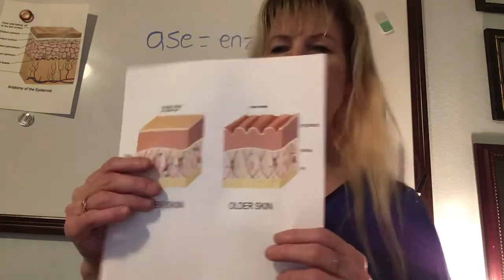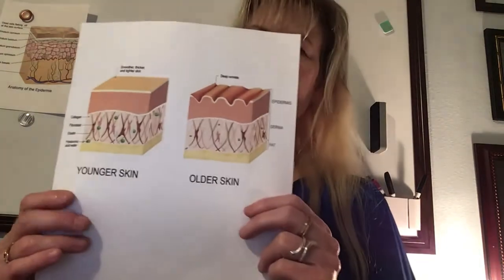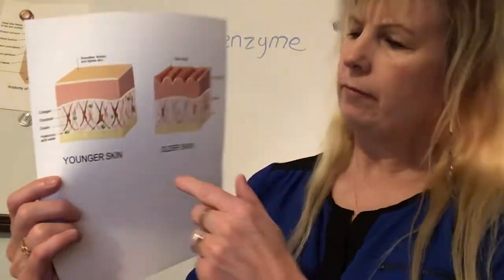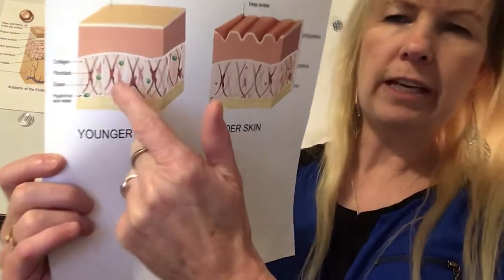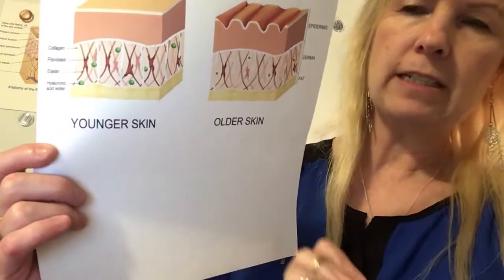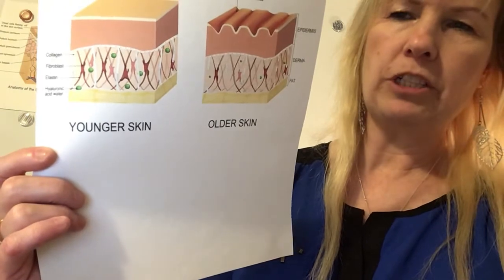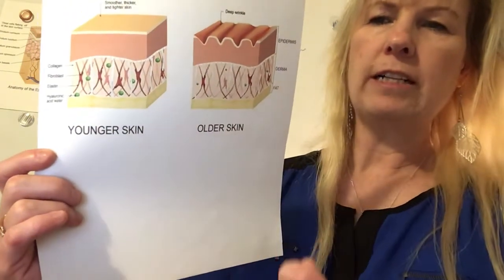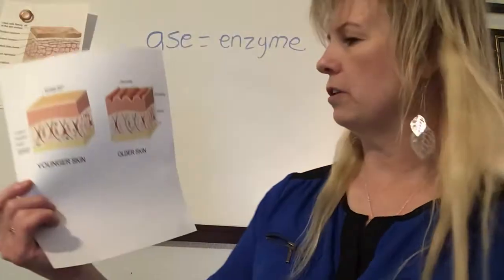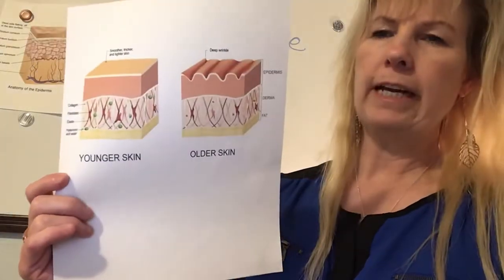And then here is a comparison of older skin and younger skin. Here, your younger skin, the collagen, it's kind of these white lines. Collagen is in really good shape. You can see the elastin in there. The little green dots, those little round spheres, those are hyaluronic acid.